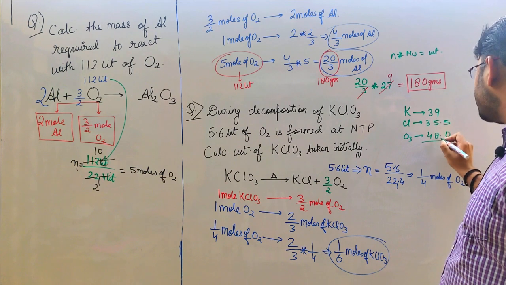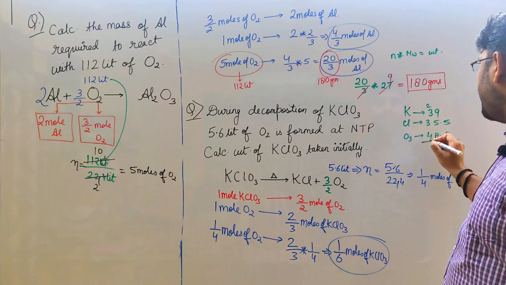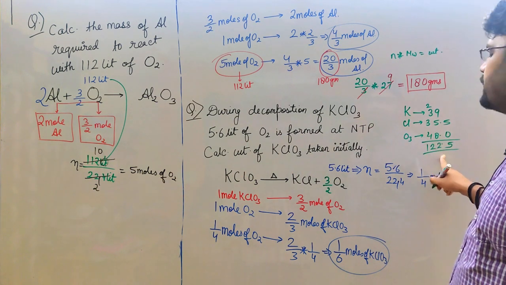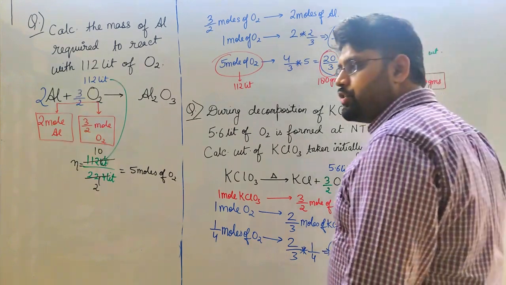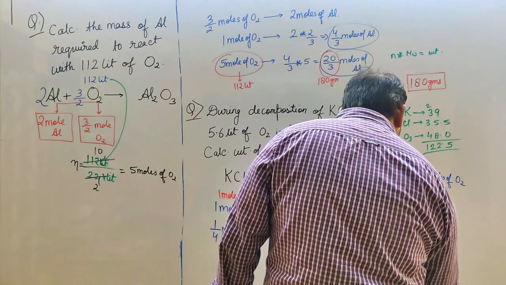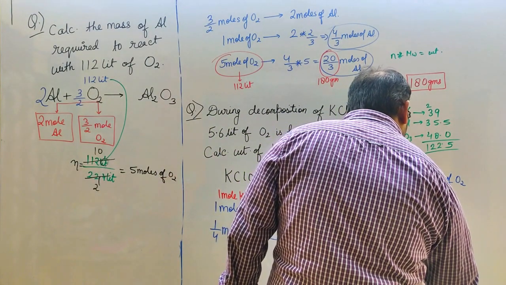So 1 mole of KClO3 weighs 122.5 grams. So 1 by 6 mole of KClO3 will weigh 1 by 6 into 122.5.